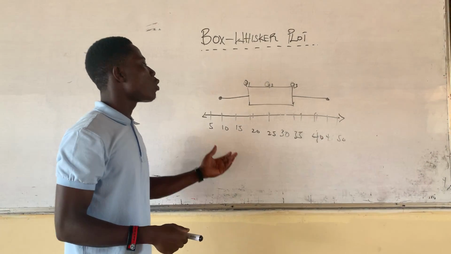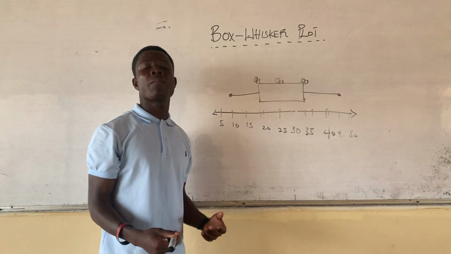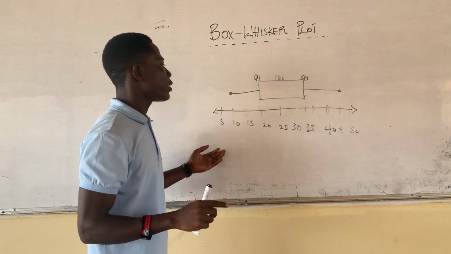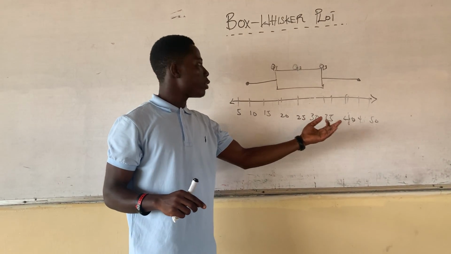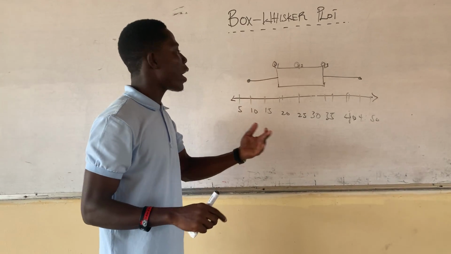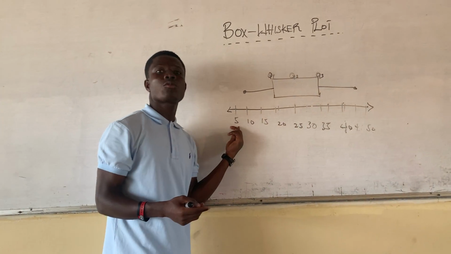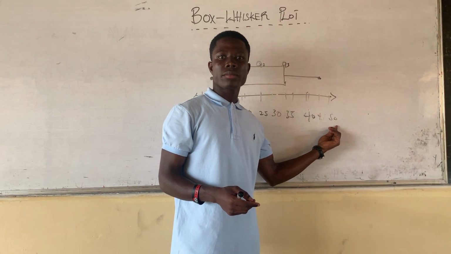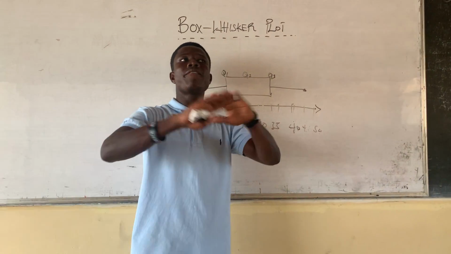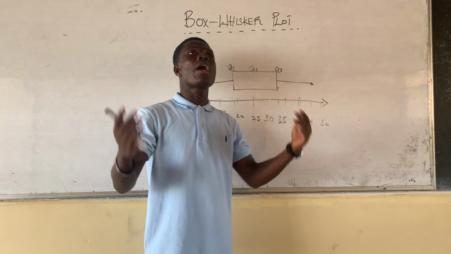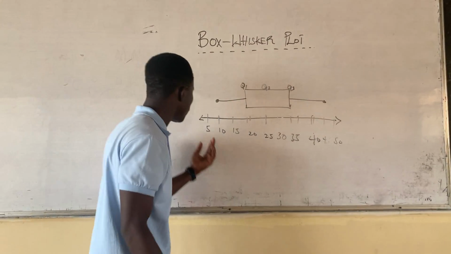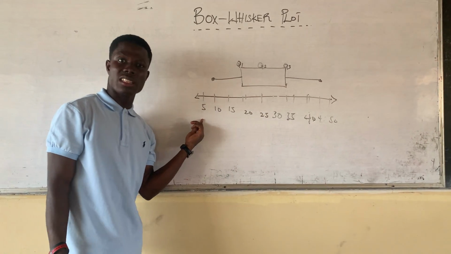Now let's come to how to identify our minimum and maximum number. Please kindly note, when we look at the numbers on a straight line, we can all attest to the fact that 5 is the smallest number here and 50 is the largest number here. So in any given scenario, when we are asked to identify the minimum number, I know you all select 5 because 5 is the least number here.